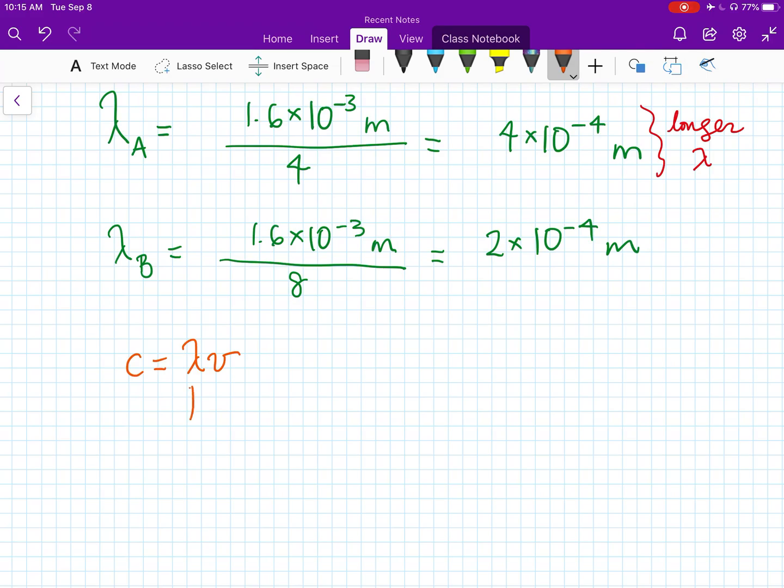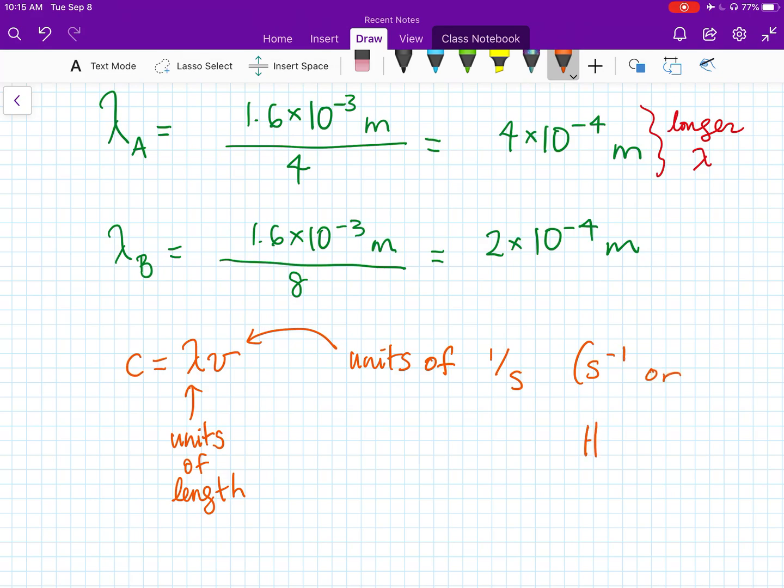The units of wavelength are always going to be a unit of length. Usually it's some form of a meter, so nanometer or picometer, something like that. Frequency is going to be measured in units of per second, or 1 over a second. Sometimes you see that expressed as seconds to the negative 1, or what's called hertz.